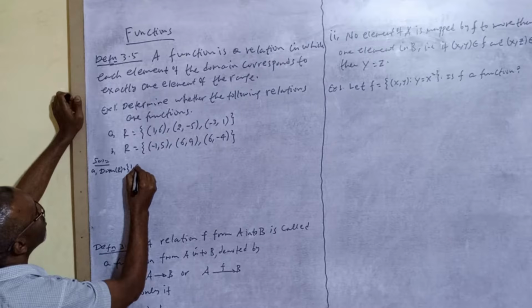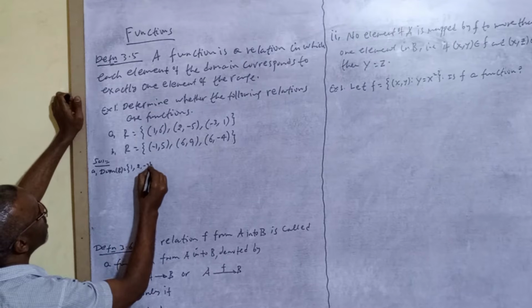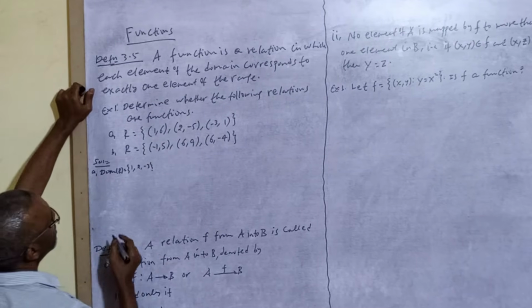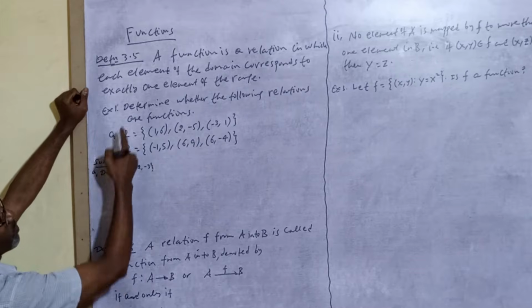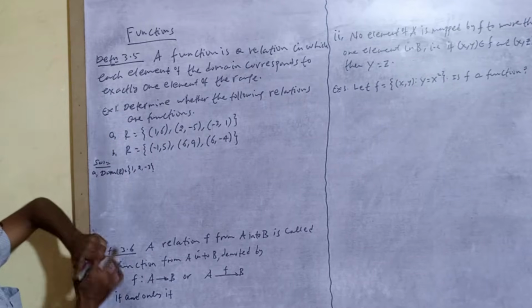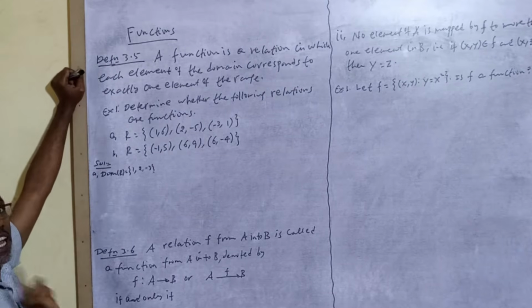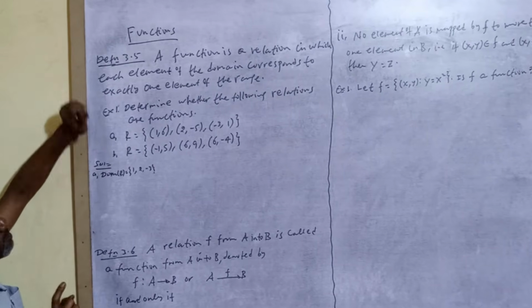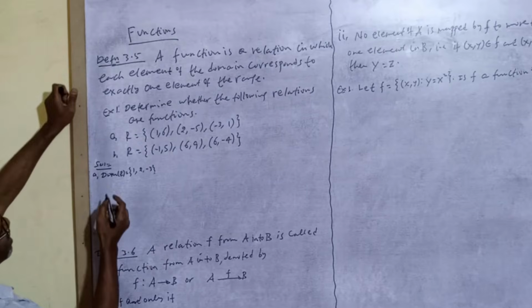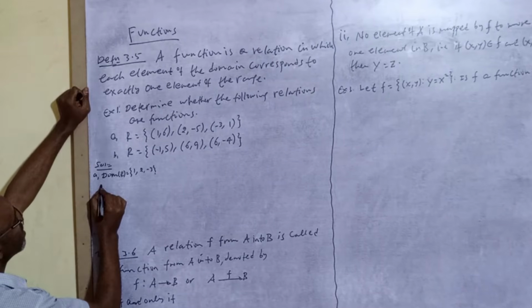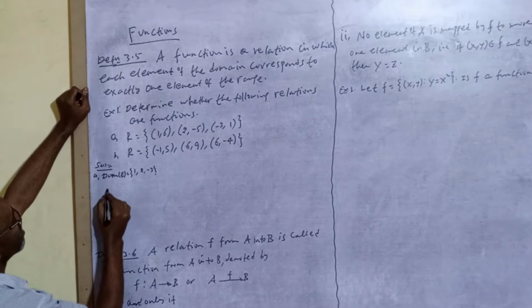For this relation to be a function, each element of the domain must correspond to exactly one element. 1 corresponds to 6.